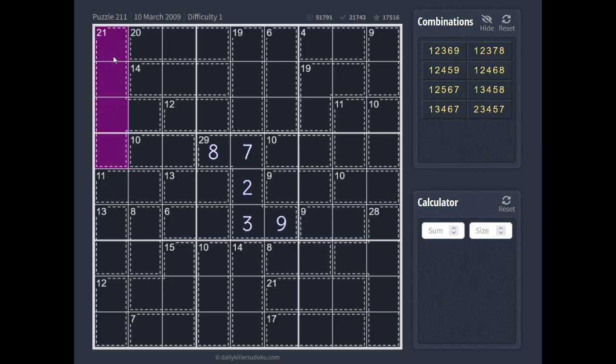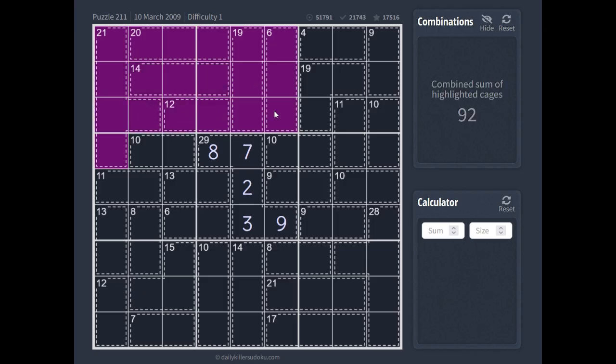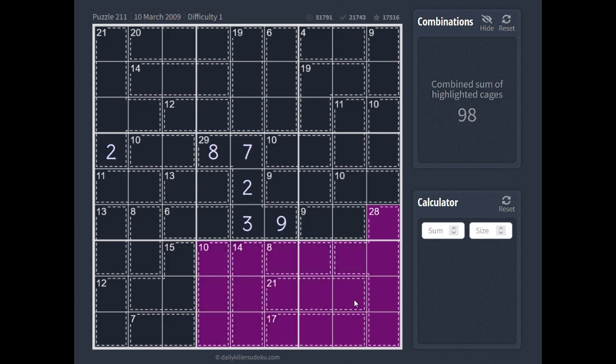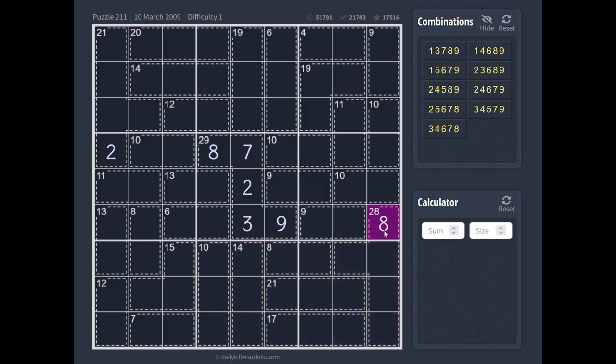If we highlight these 2 boxes, we get a 92. And we know that box 1 and box 2 should add up to 90, and therefore that is a 2. And it works down here in the opposite corner as well. These 2 boxes should add up to 90, so this should be an 8.